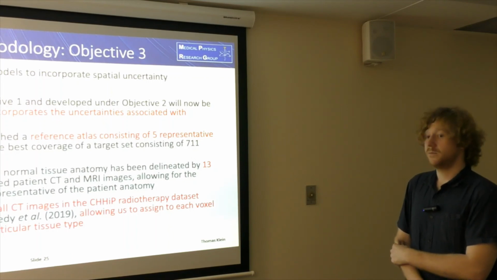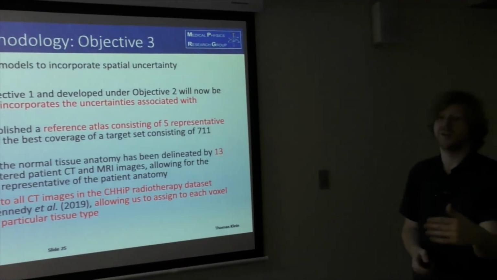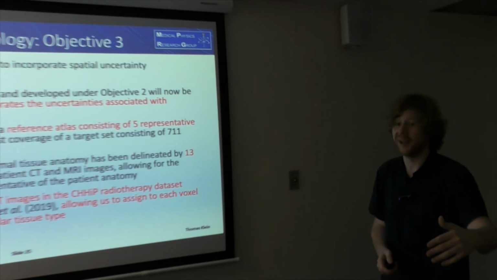Tom, with the CHIP dataset, is that just a compilation from a whole bunch of different centres? Yes, like 71 different centres. Is that how many different observers there would be in the delineations that are present? Well, all of the centres basically plan their patients according to their own protocols. So a lot of the data is 3D conformal radiotherapy, some inverse planned, some forward planned.